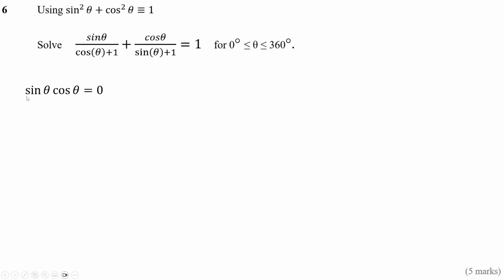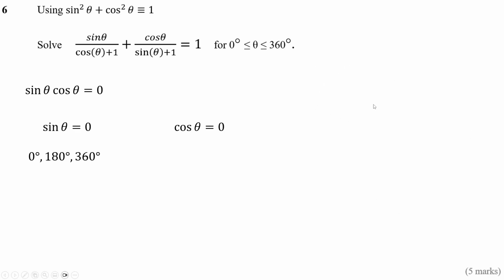So this tells us that either sine theta has to be 0 or cosine theta has to be 0. Let's consider when sine theta equals 0 first, and then cosine theta equals 0 later. For when sine theta equals 0, the solutions between 0 and 360 degrees are 0, 180, and 360 degrees. You can notice that by looking at the graph.